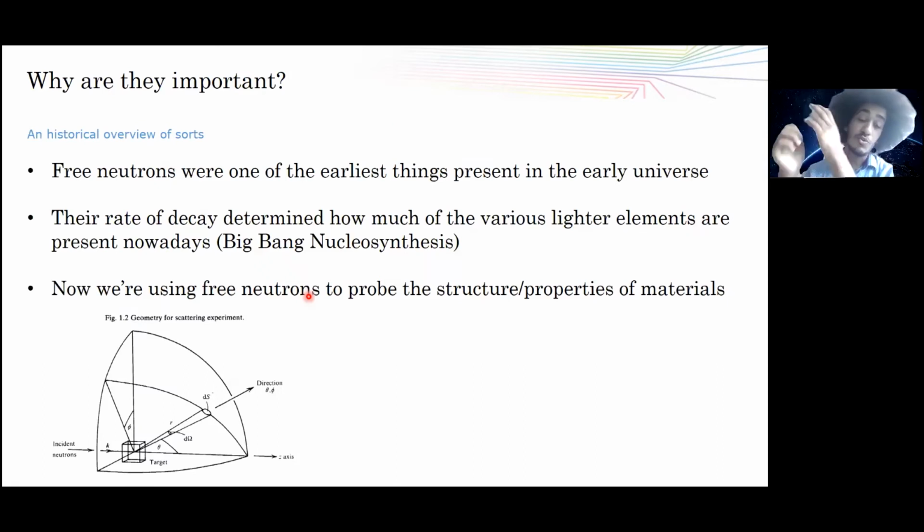A reason why they are important is that since free neutrons were one of the earliest things that were present in the universe, the rate of decay is the reason why we have some of the various lighter elements in the periodic table nowadays through what's known as Big Bang nucleosynthesis. But for most of us here at the ILL, we just use them as a probe when studying the structure and the properties of different materials, rather than have an interest in the neutron itself.